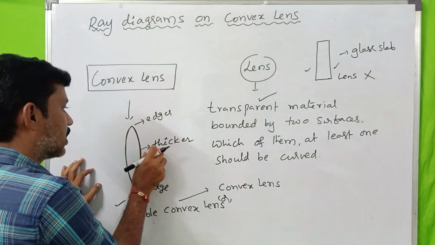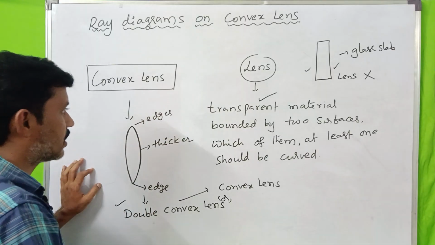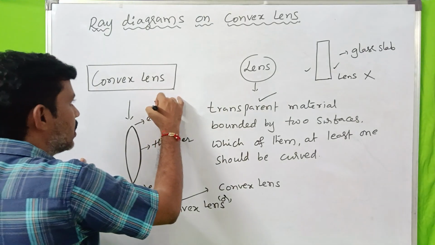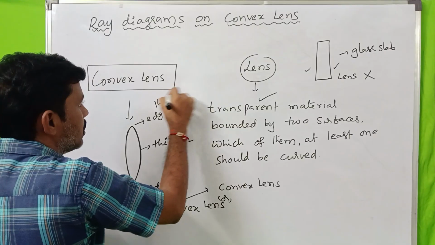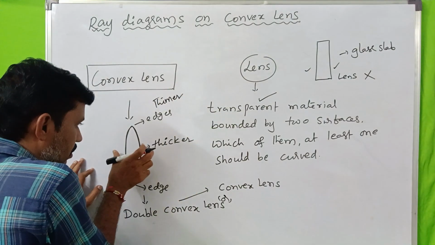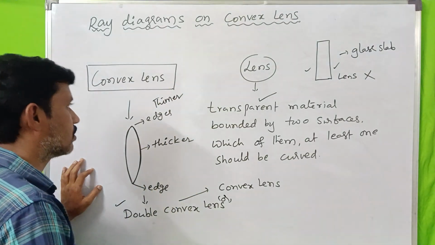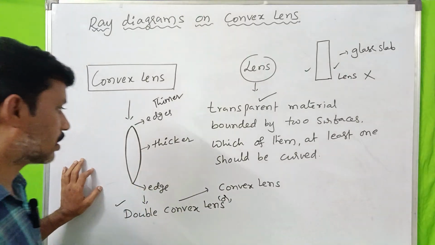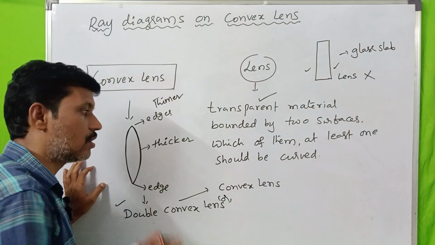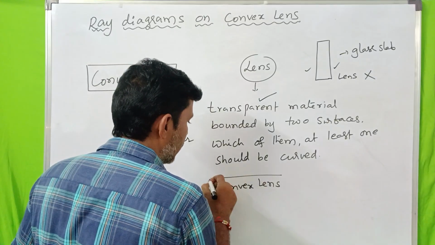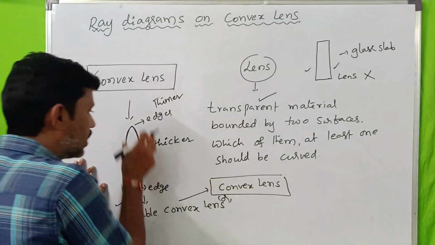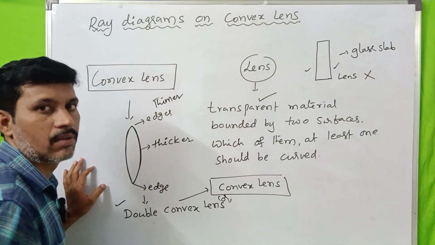It is thicker in the middle and thinner at the edges. Edges thinner, middle thicker. Such types of lenses are called convex lenses. So if a convex lens is mentioned anywhere, then we have to take this type of lens.